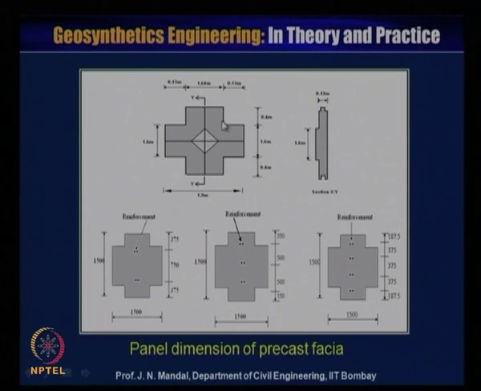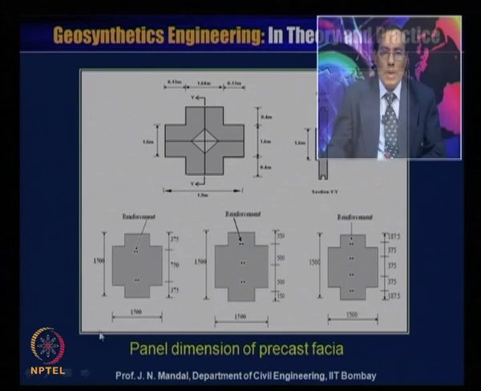Here the different panel dimensions in the precast fascia. You can see that here maybe 0.4, then 1.6, then 0.4 meter, or it may be 375, then this is 750 and this is 750 millimeter, and this is about 1.5 meter by 1.5 meter, this cruciform shape panel, and then you can connect this geogrid material here.